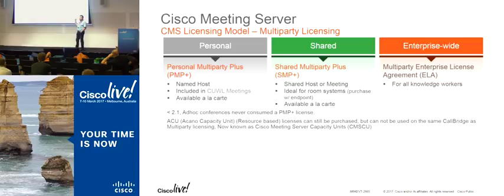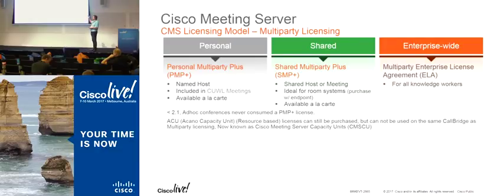The Acano capacity units, which is now called the CMSCU, the Cisco Meeting Server Capacity Unit, yeah, I know it's a mouthful, is still available today, but we're actually seeing a massive decline on people going for that purely because the Shared Multi-Party Plus and the Personal Multi-Party Plus licensing models are very flexible and able to leverage all of the resources.